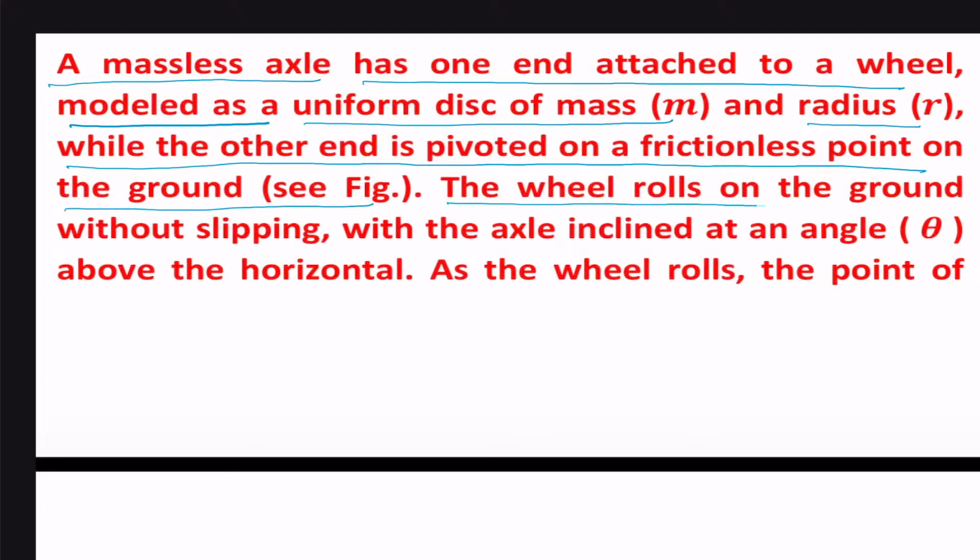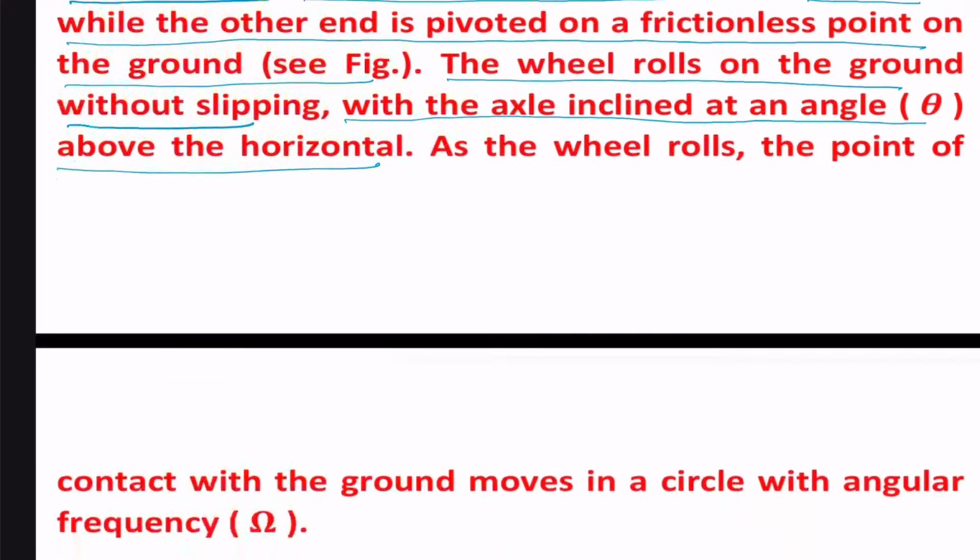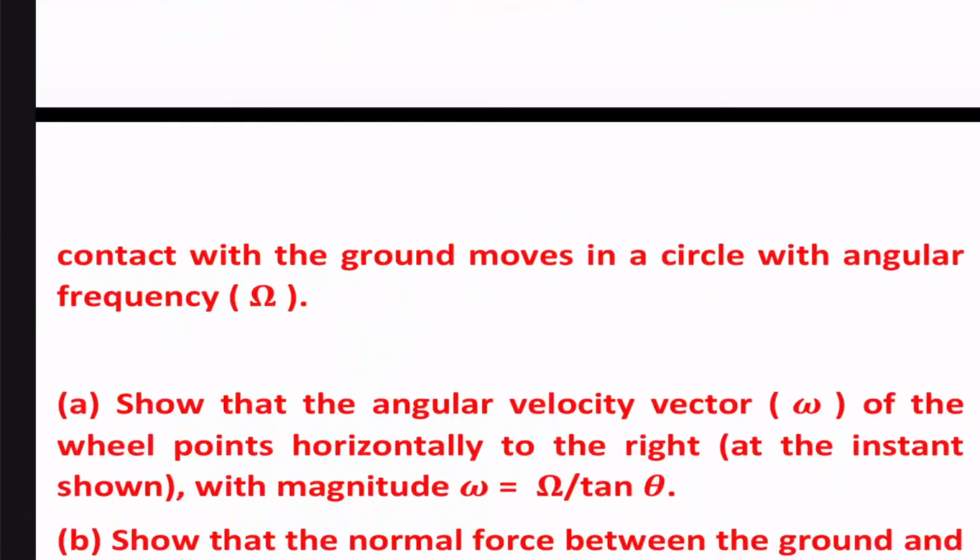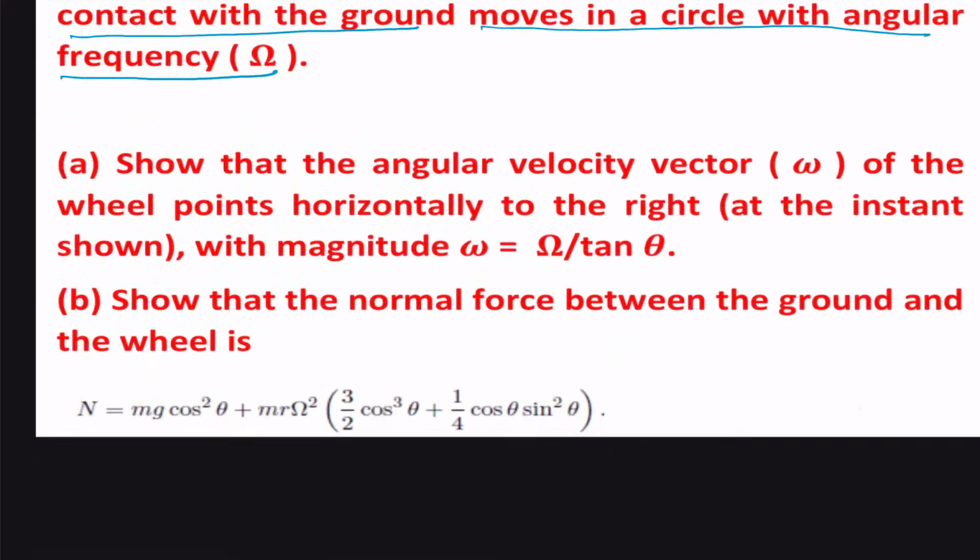The wheel rolls on the ground without slipping, with the axle inclined at an angle of theta above the horizontal. As the wheel rolls, the point of contact with the ground moves in a circle with the angular frequency of capital omega.